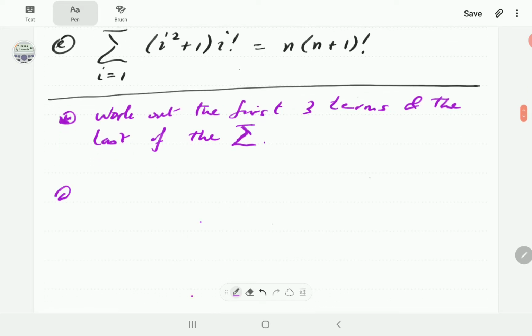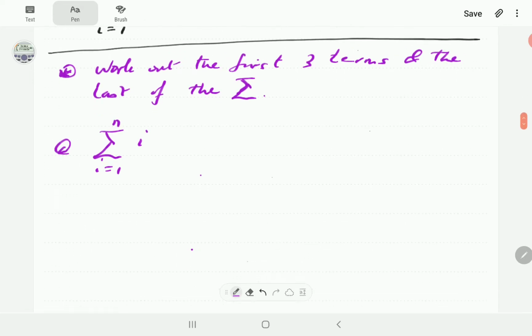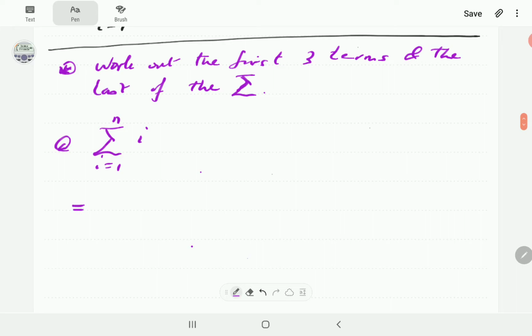So for instance, in A we have got the sum from i equals 1 to n of i. So the first term of this is going to be the term when i is equal to 1.